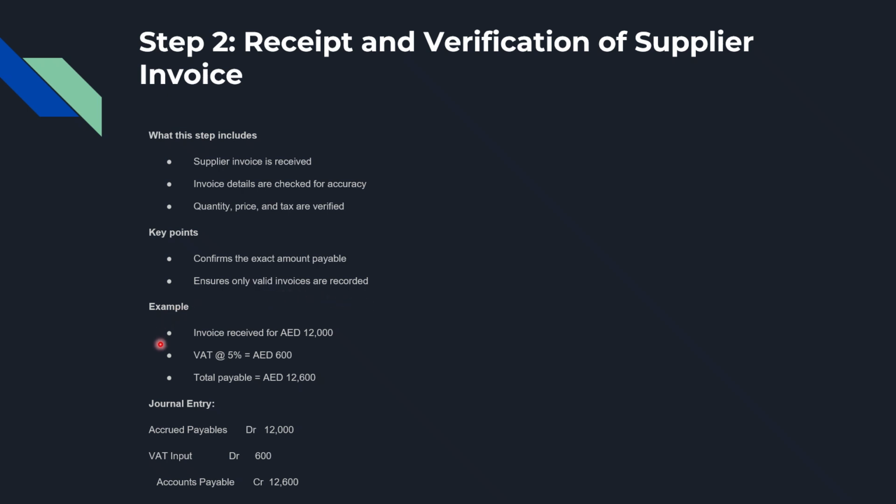For instance, an invoice of 12,000 dirham with VAT at 5% results in VAT of 600 dirham, making the total payable 12,600. So the general entry here would be accrued expenses debit 12,000, VAT input debit 600, and accounts payable credited by 12,600.